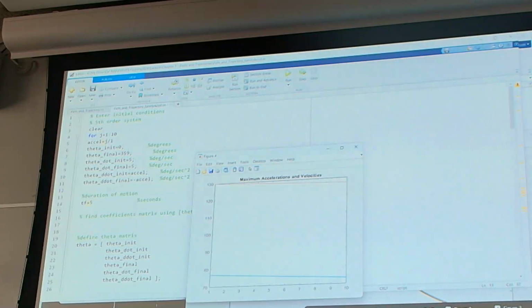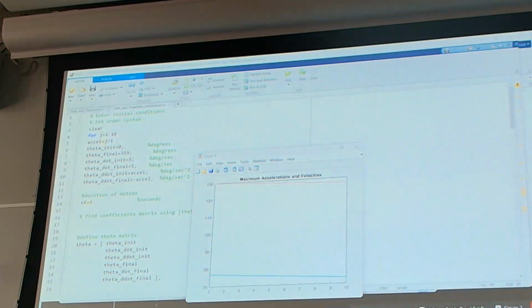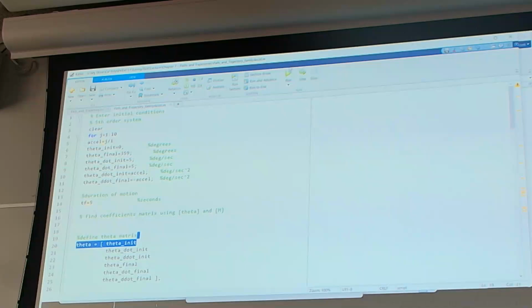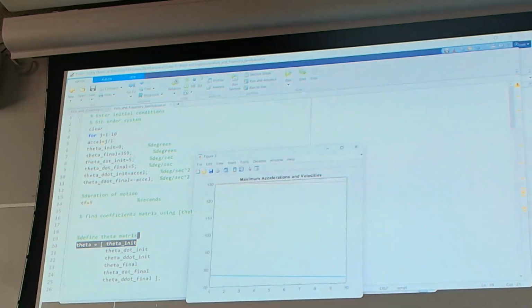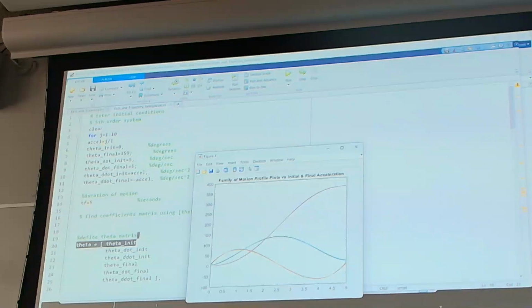I forgot to clear this graph, so let's go ahead and clear that and clear that too. Rerun it. There you go. So it's going to go 0 to 360. And then we see acceleration.